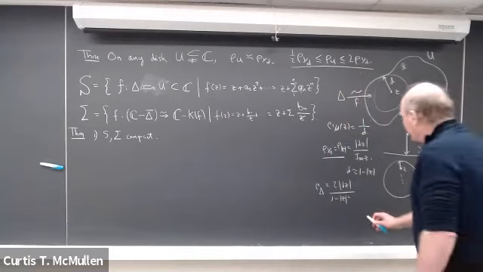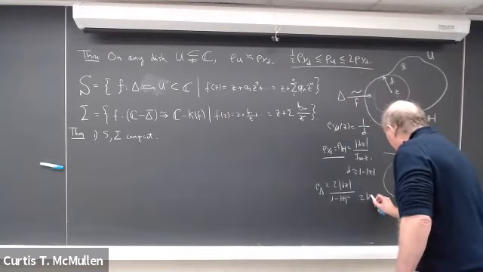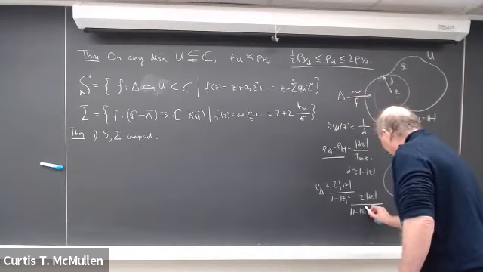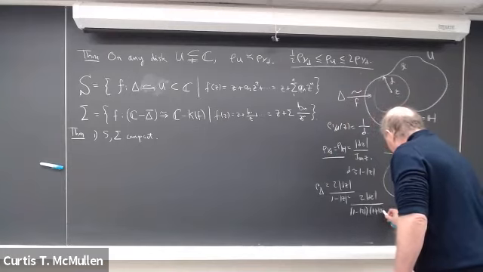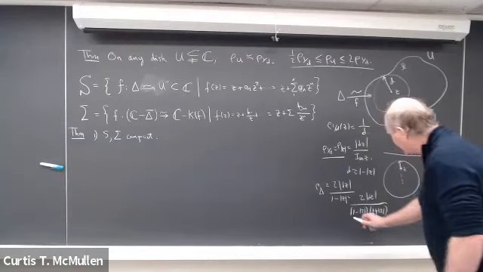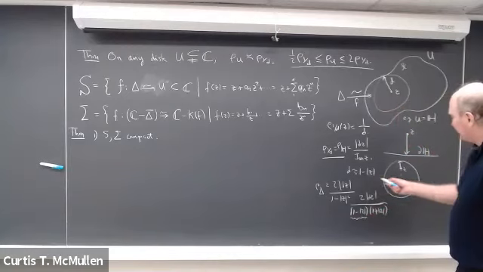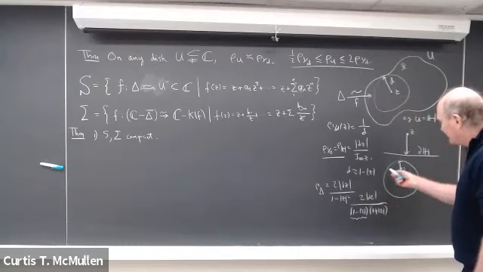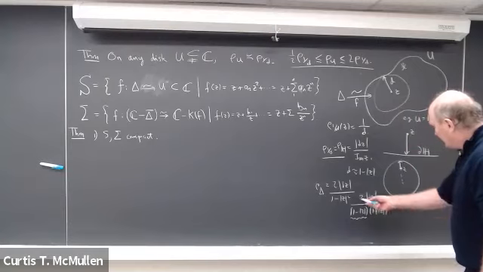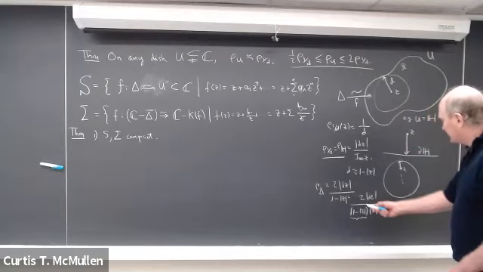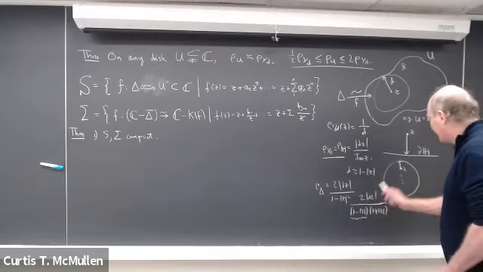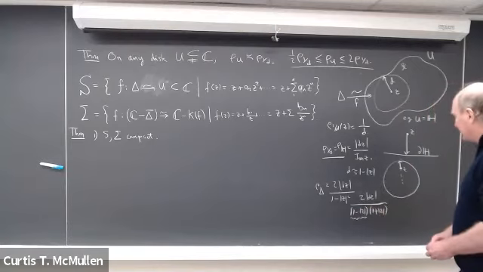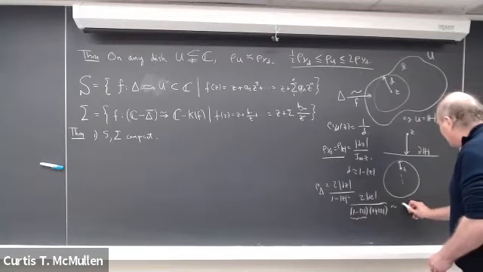But if we factor this, we get 2|dz| over (1 minus the absolute value of z) times (1 plus the absolute value of z). You can see that this factor here is just the distance to the boundary, and this factor tends to 2 as you tend to the boundary. So as you get closer and closer to the boundary, this looks more and more like the 1/d metric. In fact, the 2 here cancels with the 2 here, and you get something that's asymptotic to the 1/d metric.